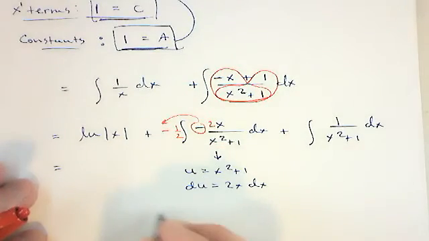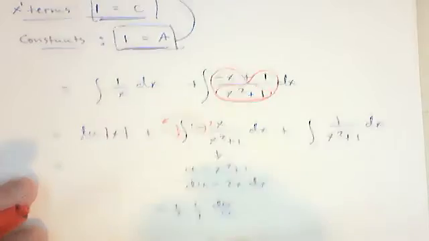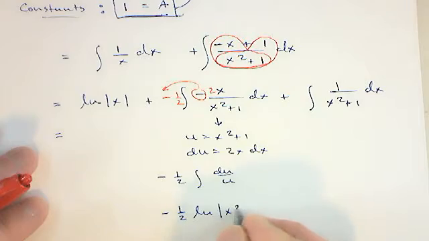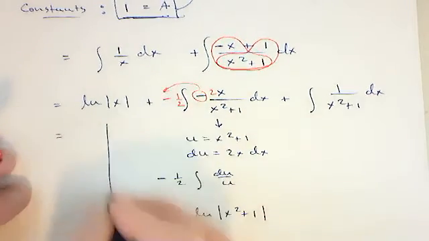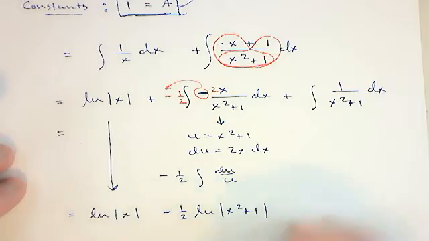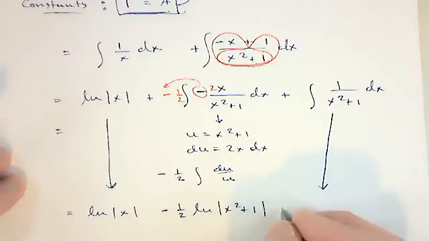And this integral will turn into negative 1/2 du over u, which is negative 1/2 ln of u, but my u was x squared plus 1. I got to bring this down too. And then, of course, this last one is just arctan or inverse tan.